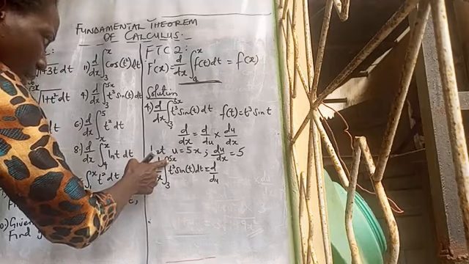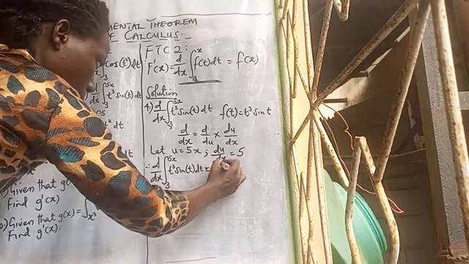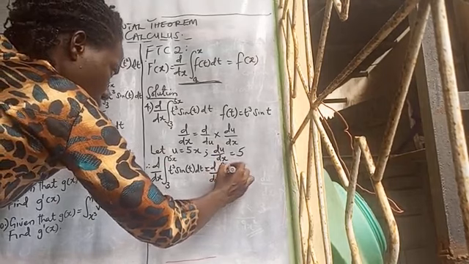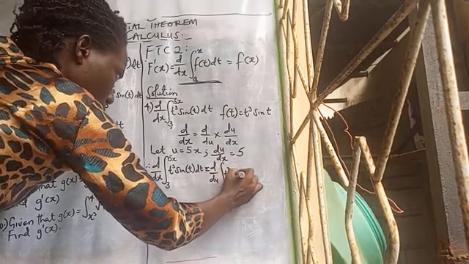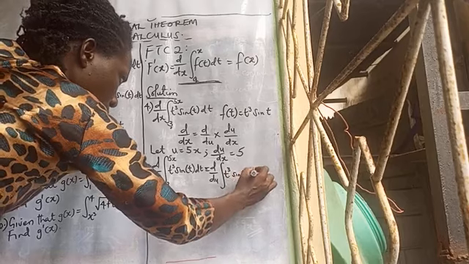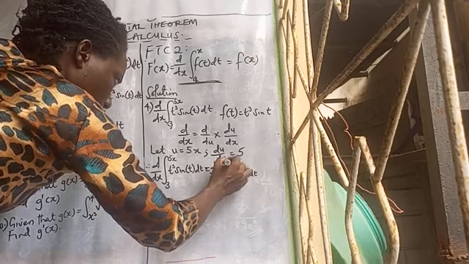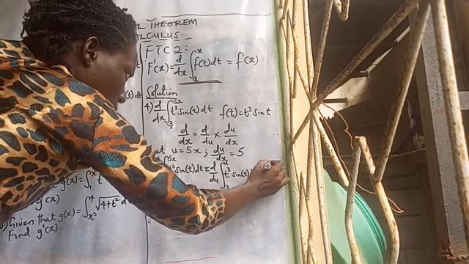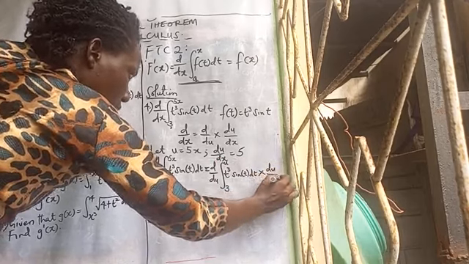Remember, we are replacing our 5x with u. d/du of the integral of t cubed sine t dt from 3 to u times du/dx.